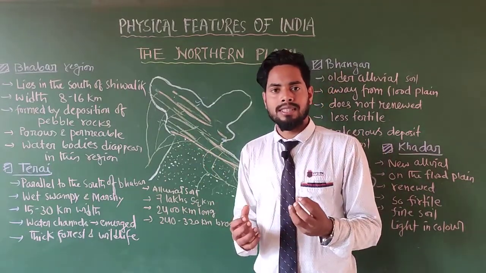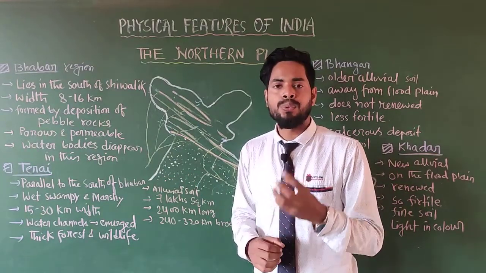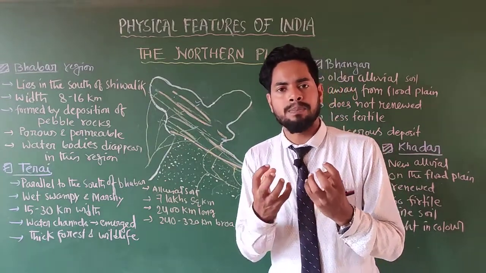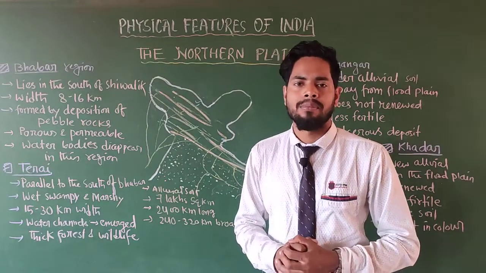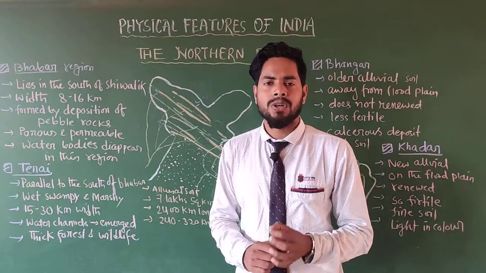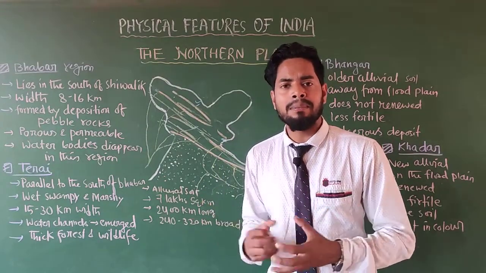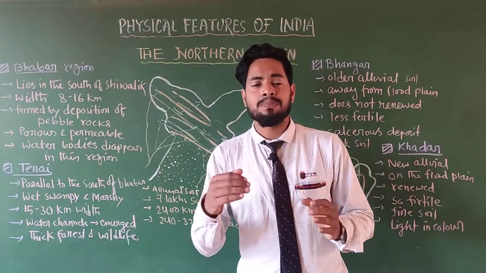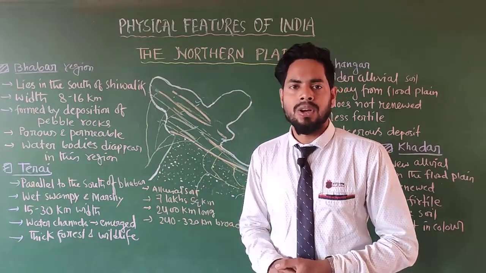Porous is a difficult term, and permeable is also a difficult term. What is porous? Porous means void space inside rocks or soil. A blank space inside the soil is called porosity. What is permeable? Permeable means the ability to transfer water inside rocks or soil.